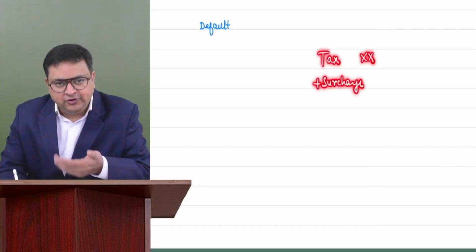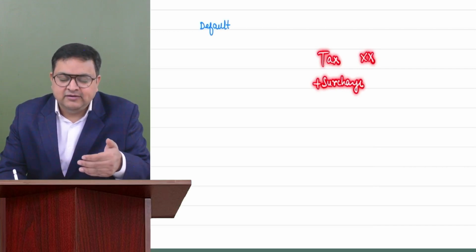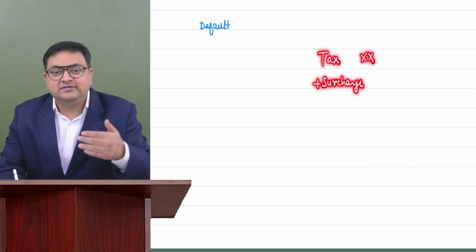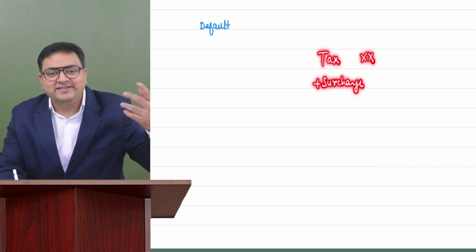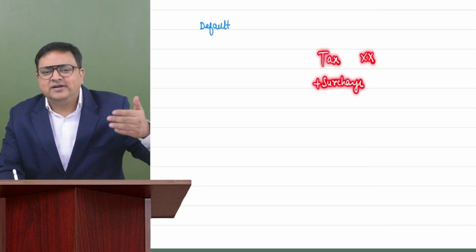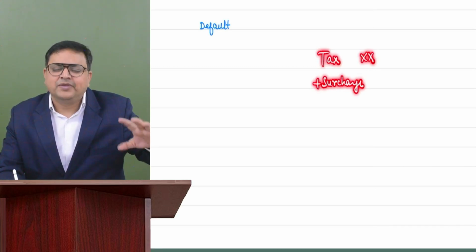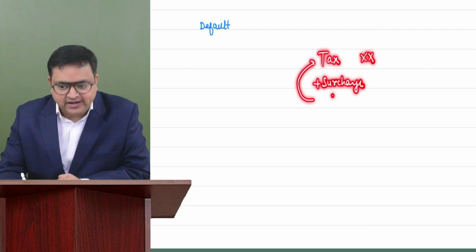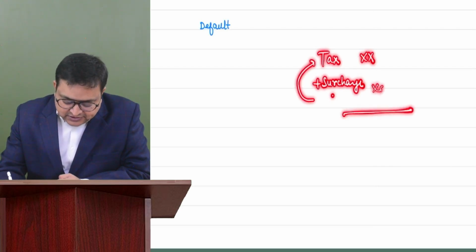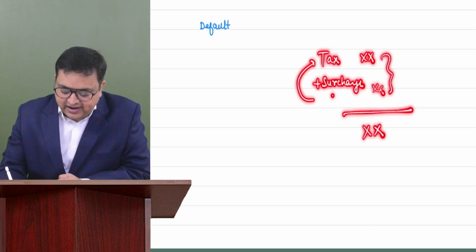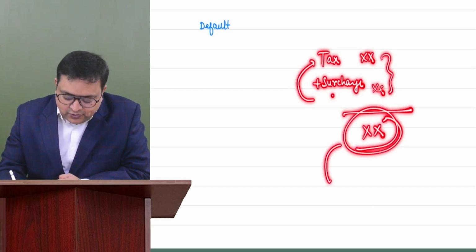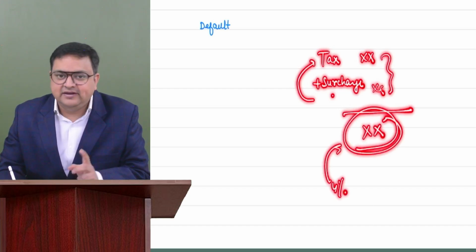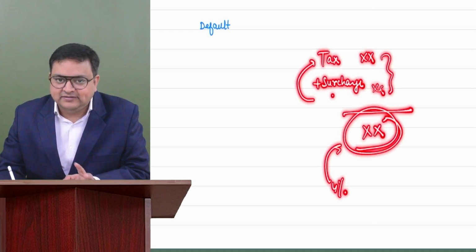Surcharge rate depends upon the category in which the person falls, whether he is rich, super rich, or ultra rich. So 10%, 15%, 25%. In optional regime, 37% also. So please apply that surcharge rate. Calculate the surcharge, add them together, tax plus surcharge, and then on this amount, you have to apply 4% health and education cess. I believe that is clear to you.